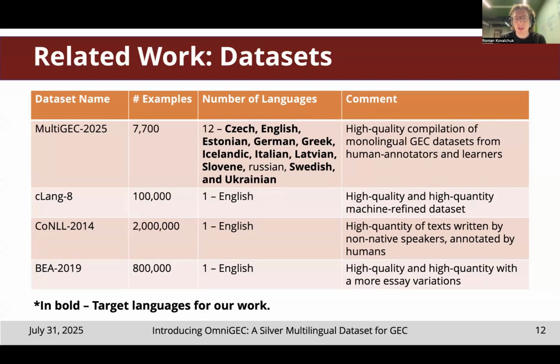Although it supports 12 of our 11 target languages, there are standard English GEC datasets such as Lang-8, CoNLL 2014, and BEA 2019, which are both high quality and high quantity.